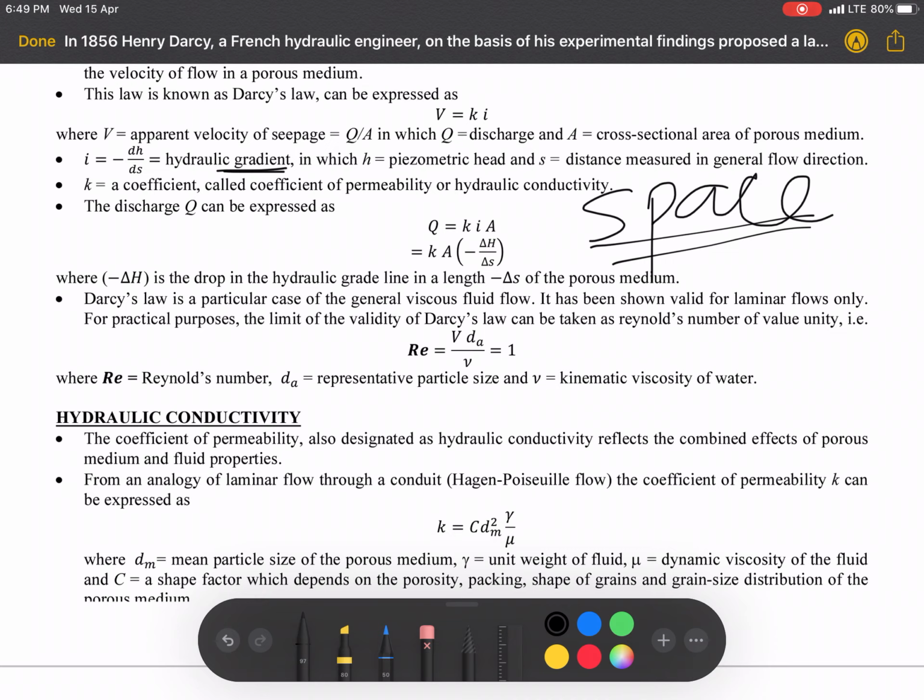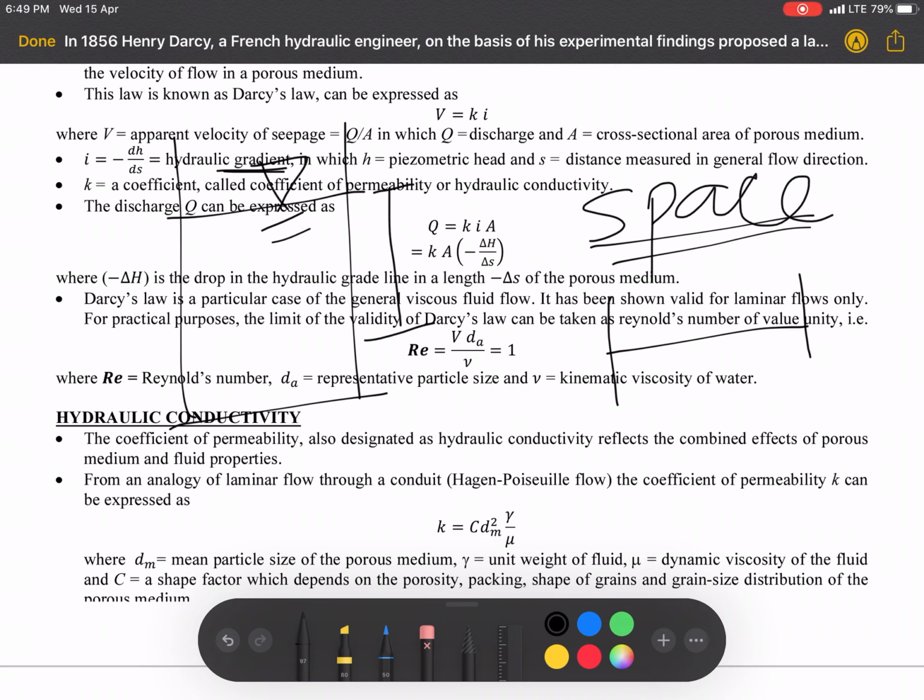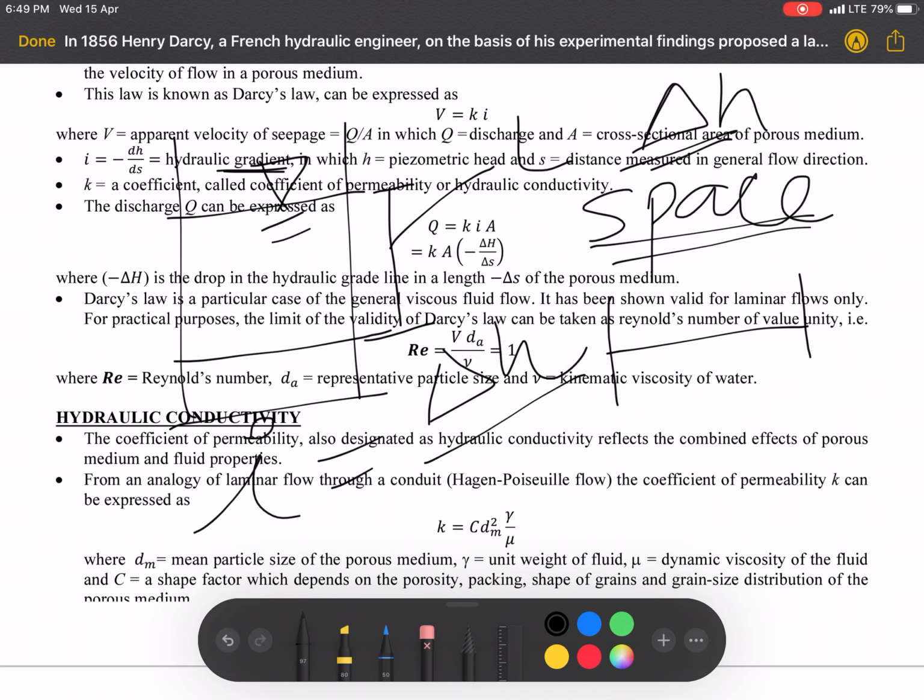Here that something is the head. Head is changing with respect to a particular space. So like here, the water level is there, let us say over this length delta H has changed. So I will be delta H divided by L.